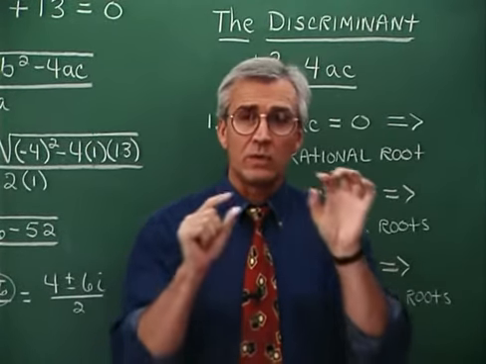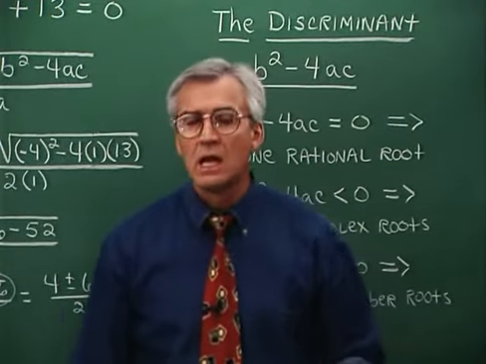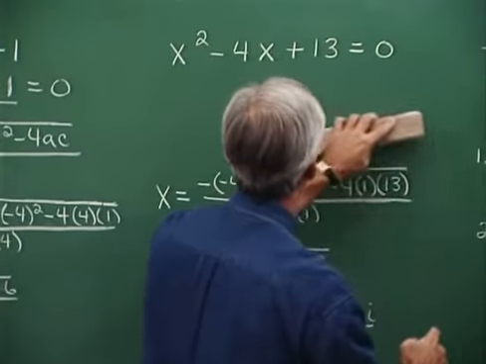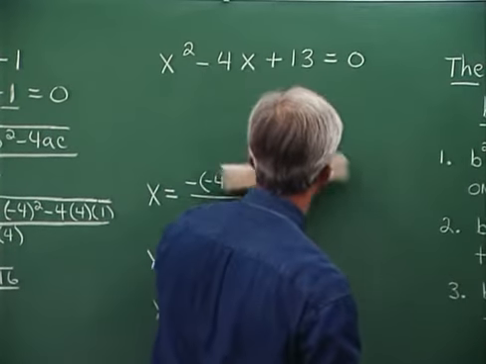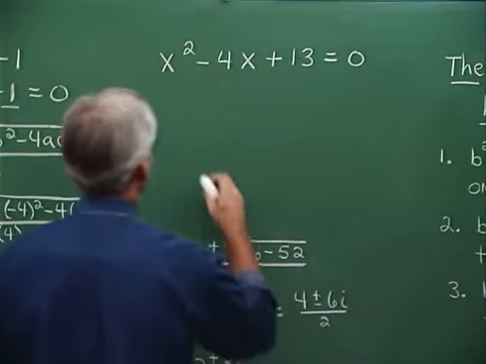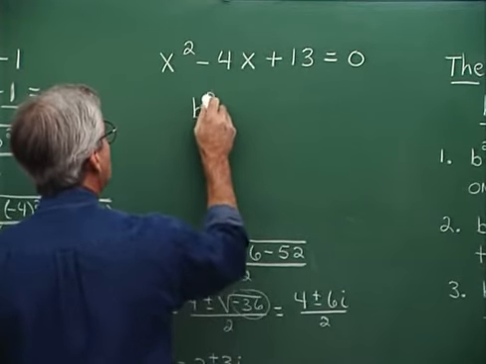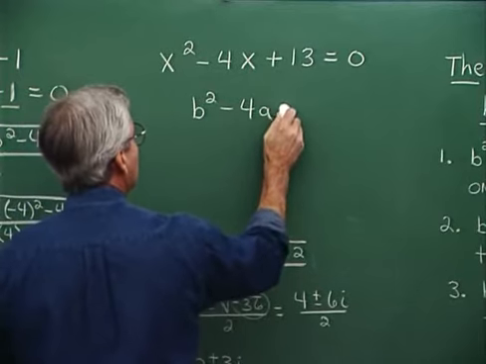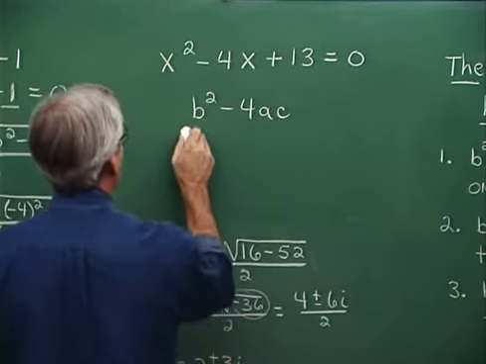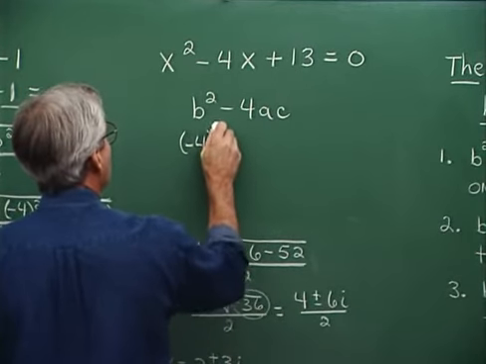When we first see a quadratic equation like this one, and we'd like to know what kinds of solutions we're going to get, we can analyze the situation just by doing this, just by calculating b squared minus 4ac. Just determine the value of the discriminant. So b squared, well, that would be minus 4 squared.